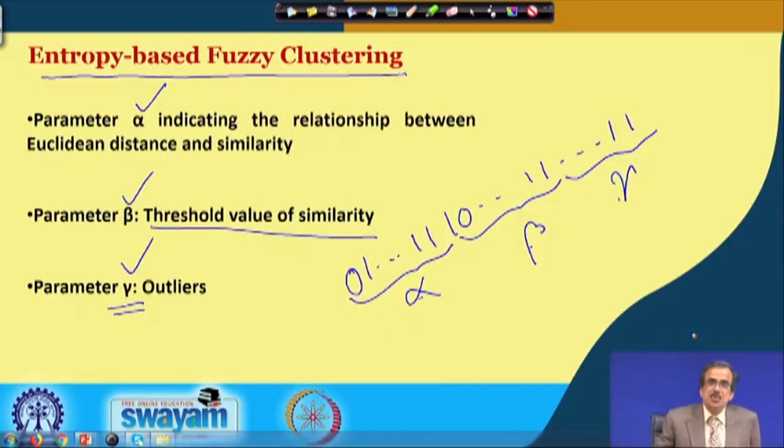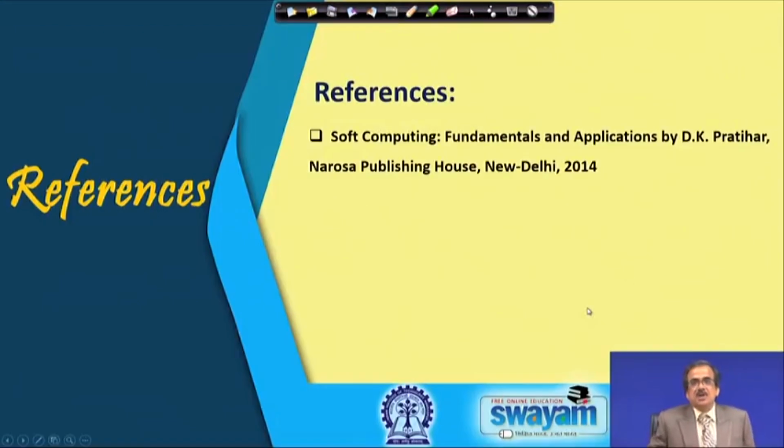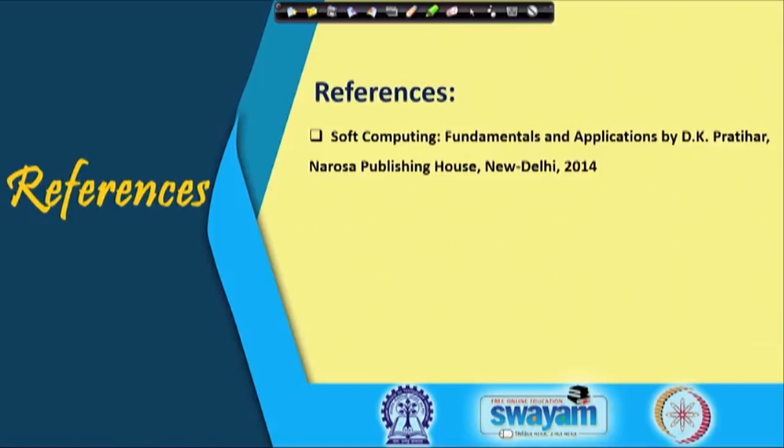GA through a large number of iterations will try to find out the values of alpha, beta and gamma corresponding to a particular data set, so that it can ensure the optimal clusters. This is the way we can carry out optimization if I want to optimize the performance of a fuzzy logic controller and the performance of fuzzy clustering tools.